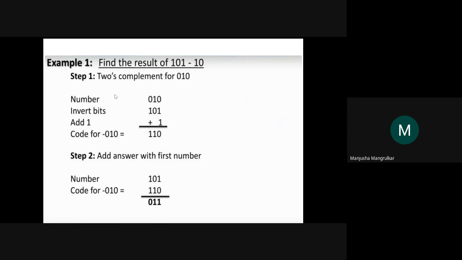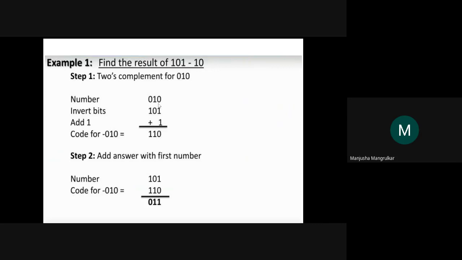It is converted into the ones complement. All 0s are converted into 1s, and all 1s are converted into 0s. So the ones complement of 010 is 101. Got it? Now 1 is added, so we'll get the 2's complement. 1 plus 1 is 10, so the 0 will be here and 1 will be a carry.